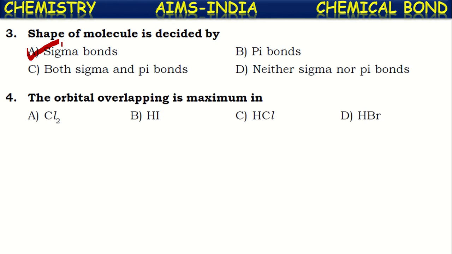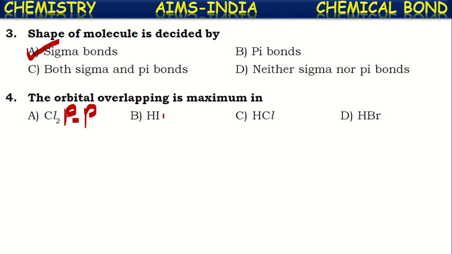Next one, the orbital overlapping is maximum in. So in which molecule will the orbital overlapping be maximum? If you understand what kind of overlapping exists in these molecules, then we can say where the extent of overlapping is maximum. In the molecule Cl2, the overlapping is pp overlapping, isn't it?